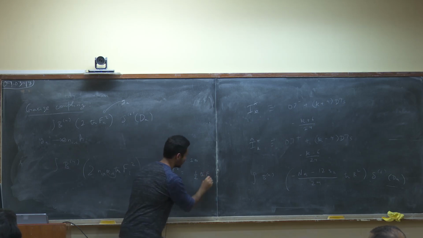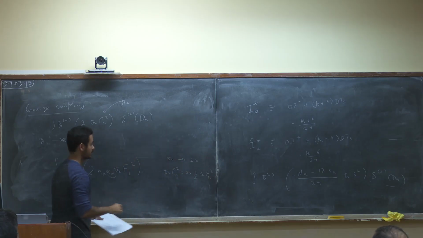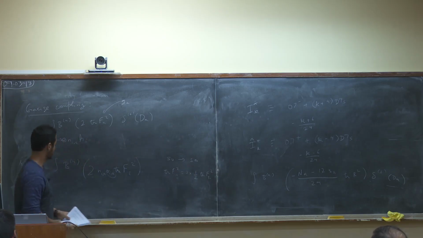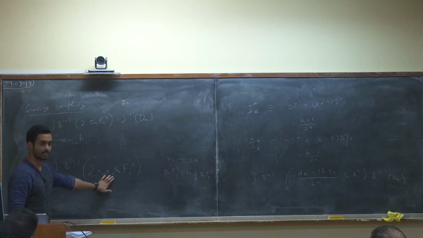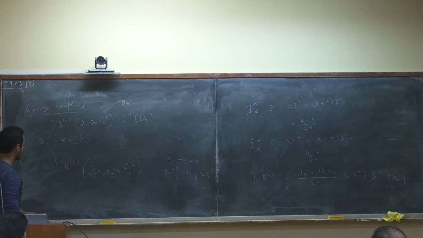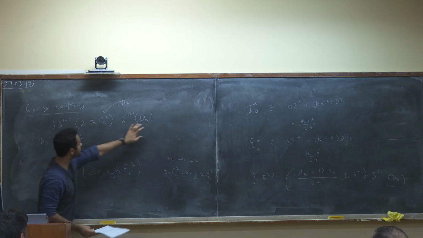Trace. So you need a factor of 2. So this will be the OIA for the SU to SO breaking. So in general, I have some OIAs here, and I'm summing over I's.